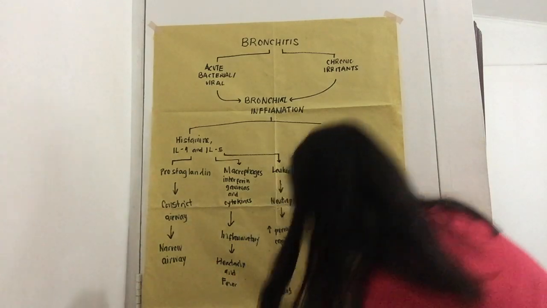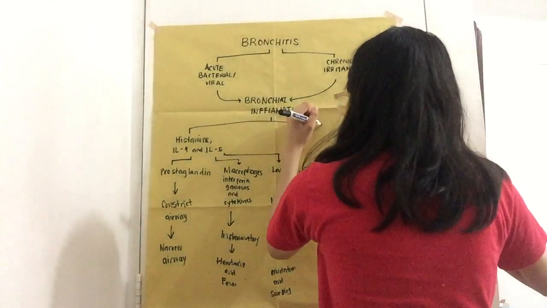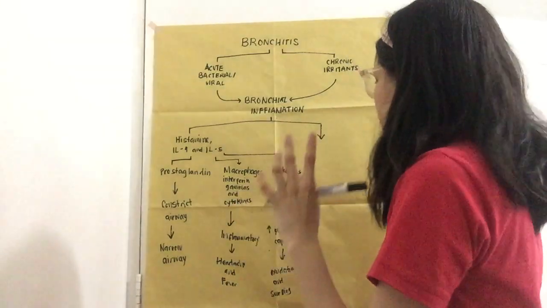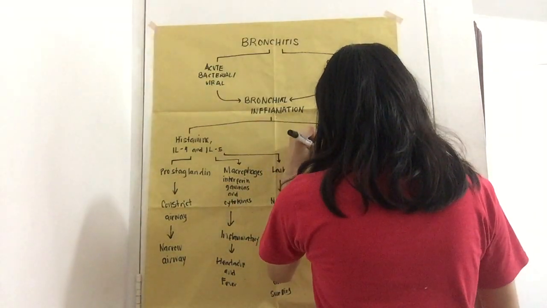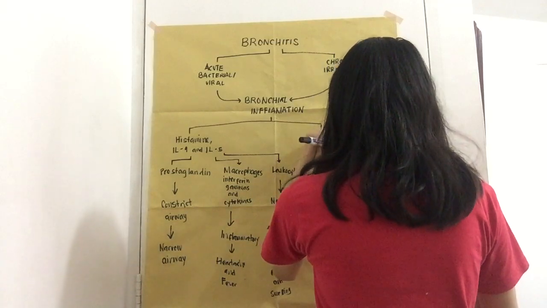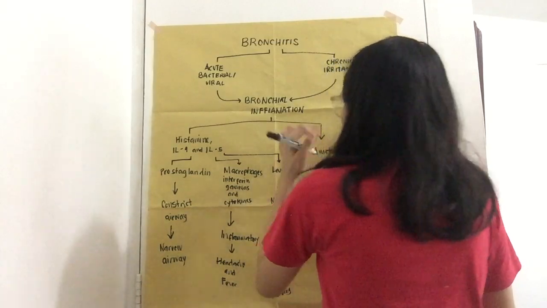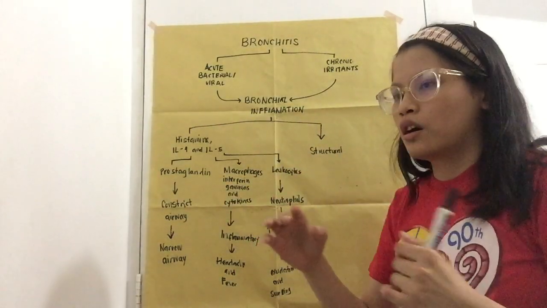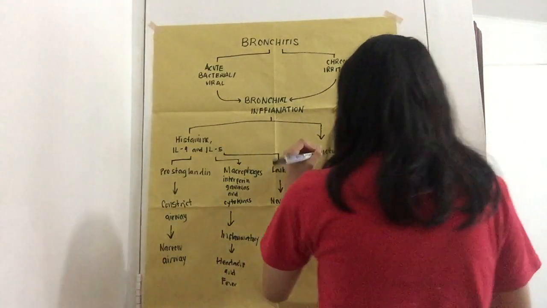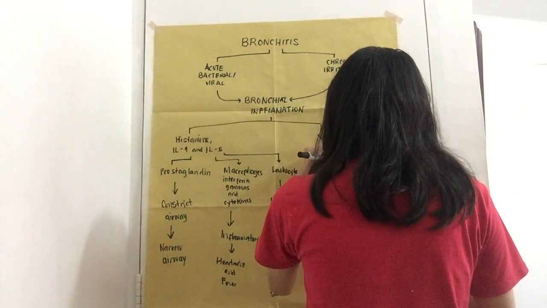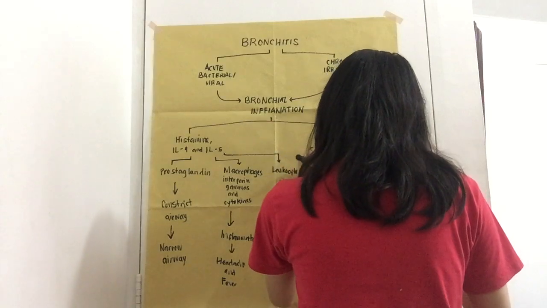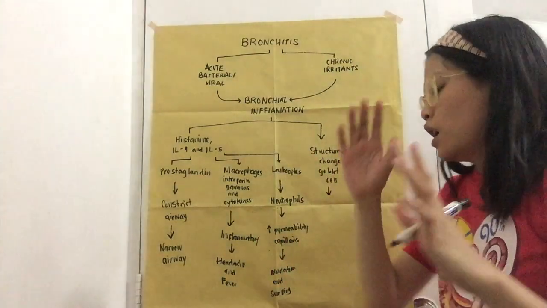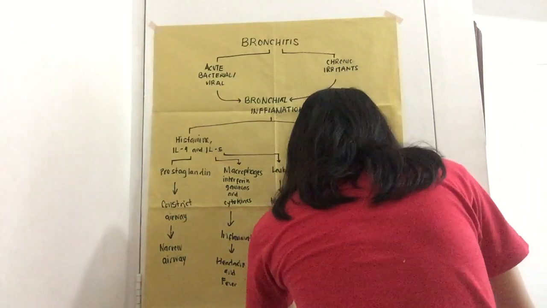This exudation and swelling is related to our next, which is that our goblet cells have structural change. Our goblet cells are also found in our mucociliary transport, within the area where our cilia and epithelium cells are. They will undergo structural change, which will increase mucus production.